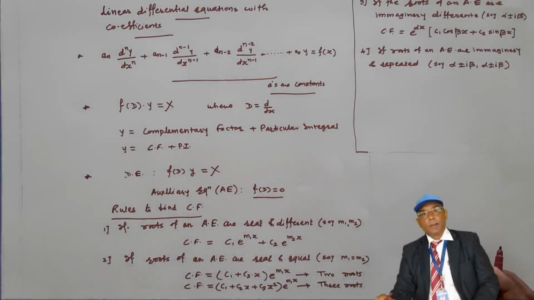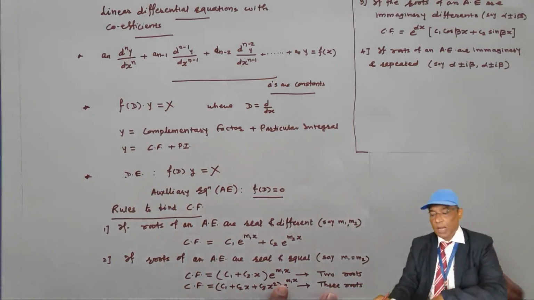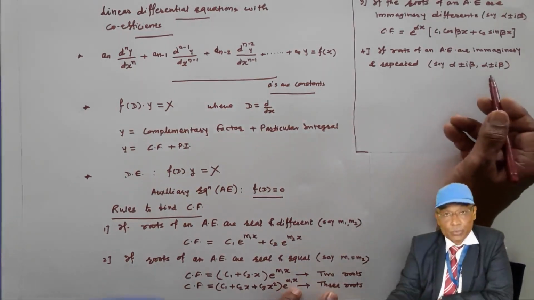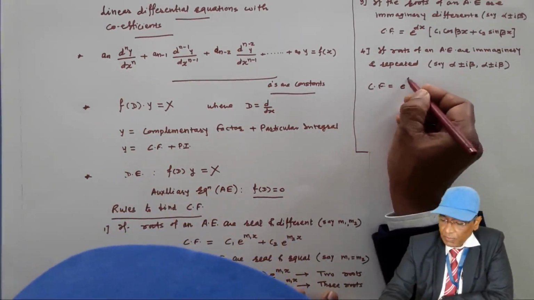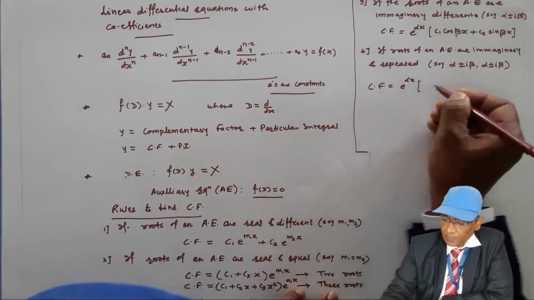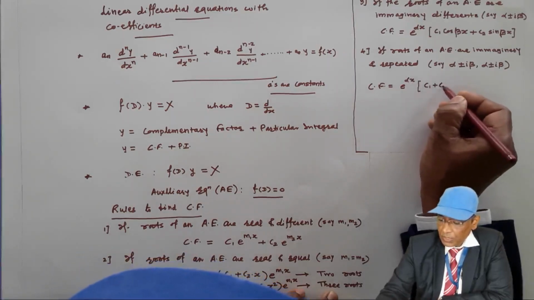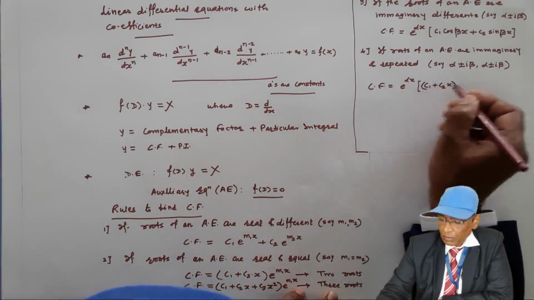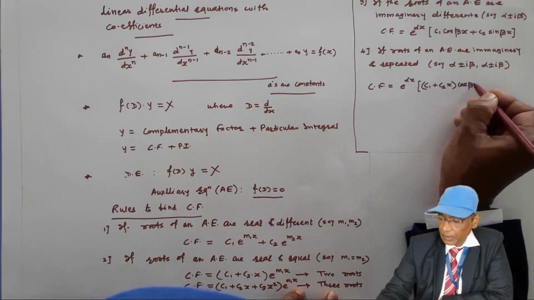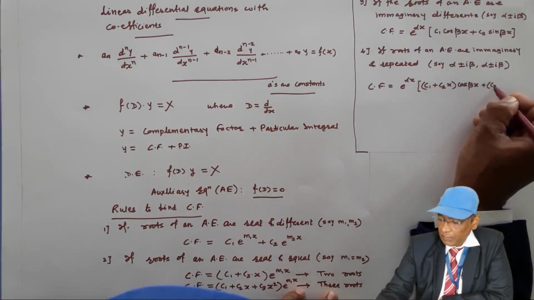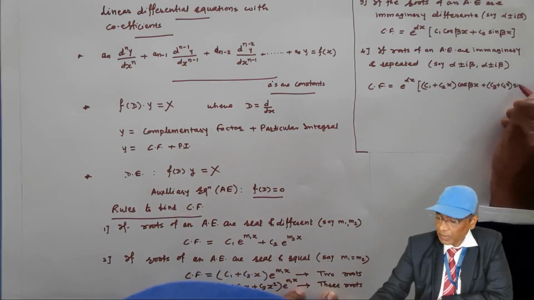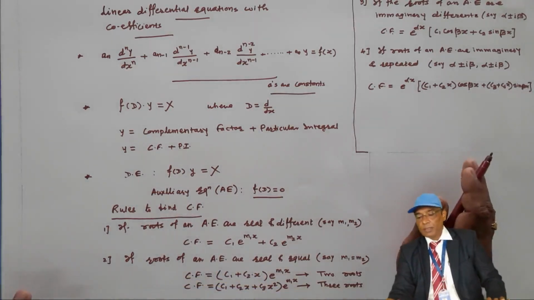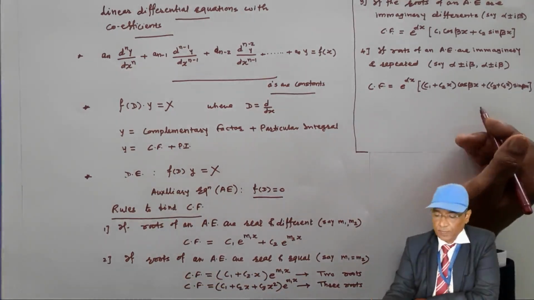This pair is again repeated, means the total number of roots is 4. Then the complementary factor is e to the power alpha x, the real part of the complex number, and (C1 plus C2x) cos beta x, plus (C3 plus C4x) sin beta x. Okay, this is the complementary factor for imaginary and repeated roots.